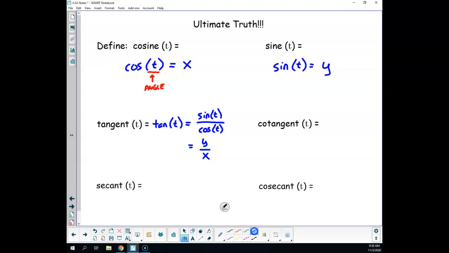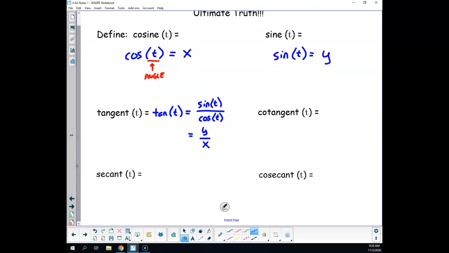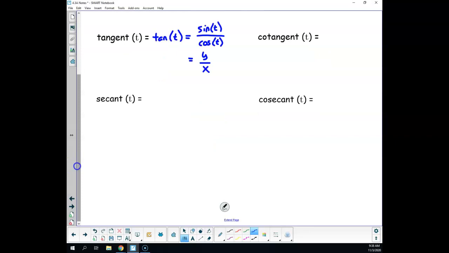Now these next three are new: cotangent, secant, and cosecant. I will tell you this: everything in trig needs a co. So tangent goes with cotangent, sine goes with cosecant, and cosine goes with secant.